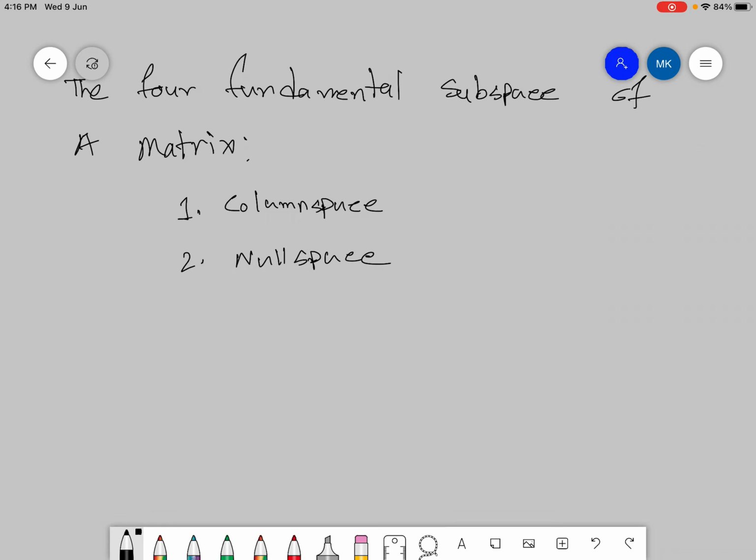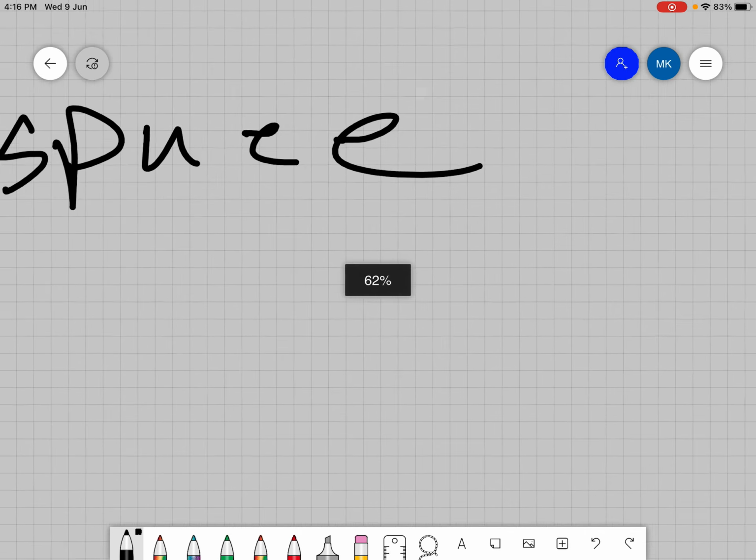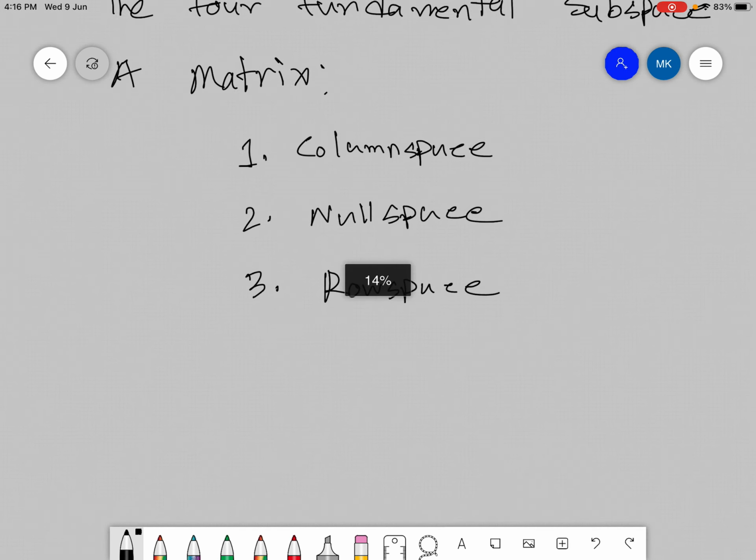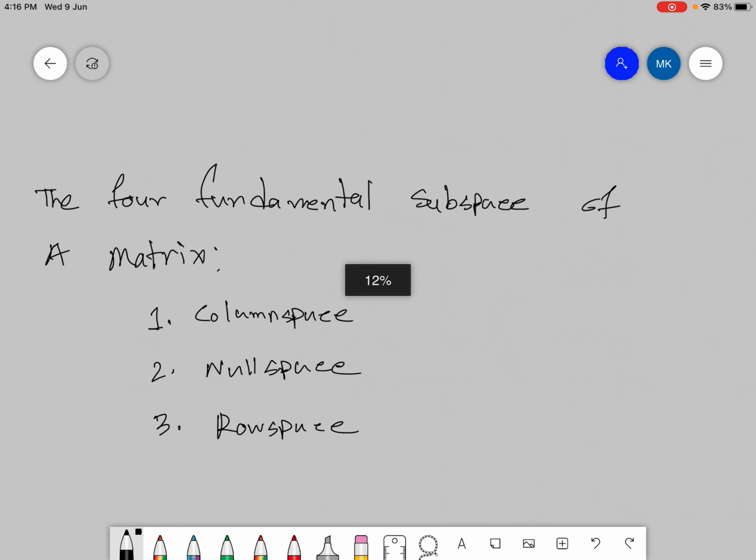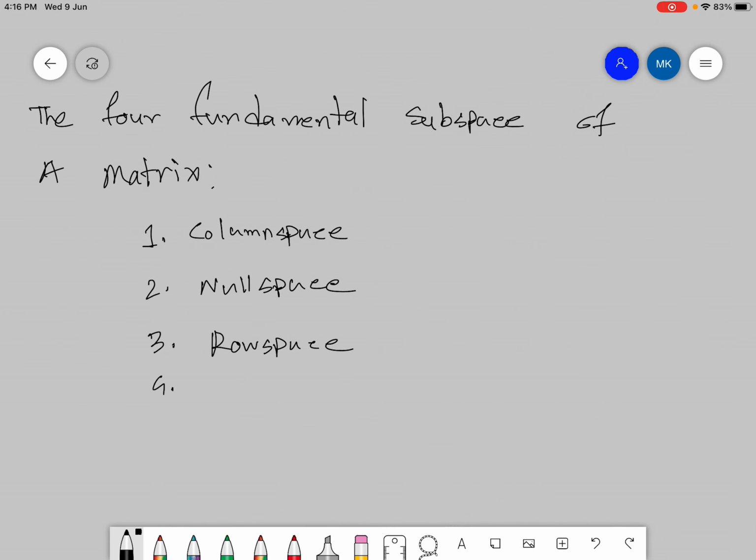And there are 2 other subspaces, and those are the row space and the last one is the left null space. So what are these? We will get to know.